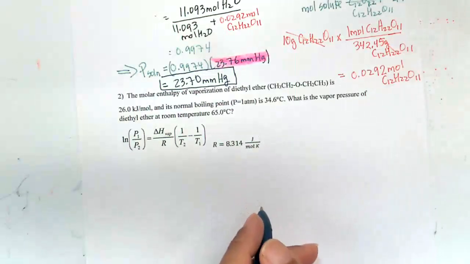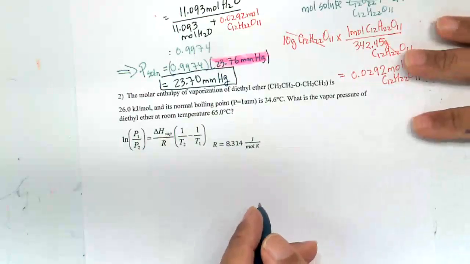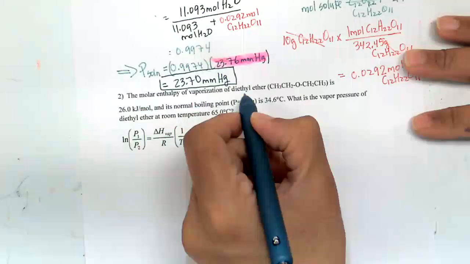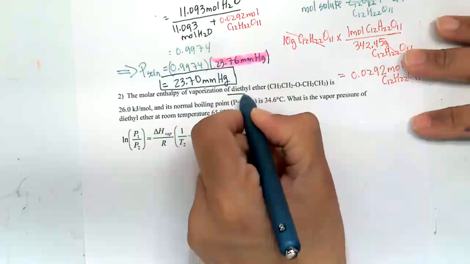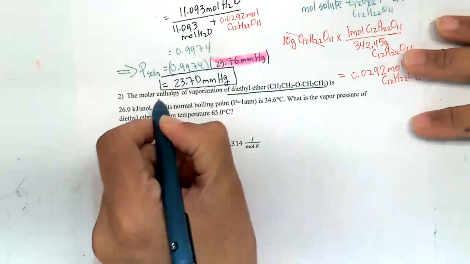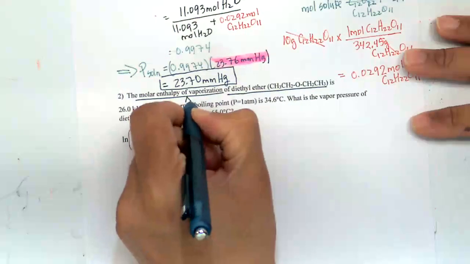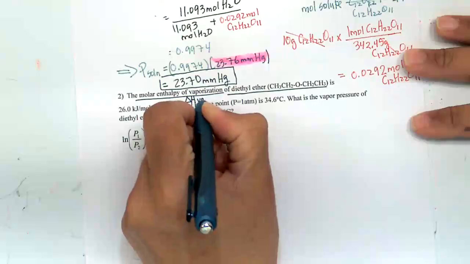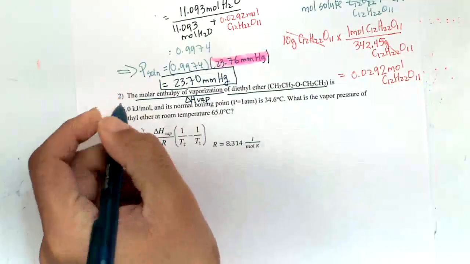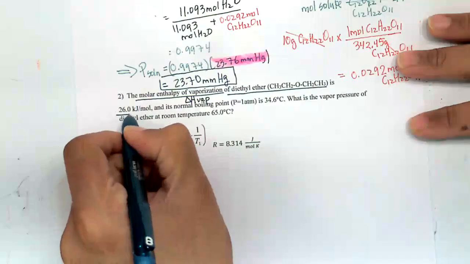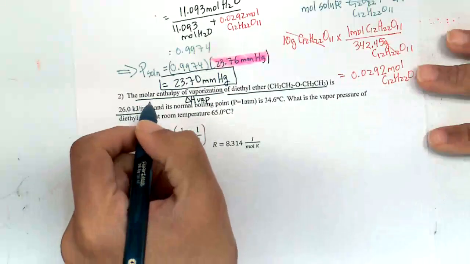All right, so remember, vapor pressure is a pressure exerted by a vapor, and it's temperature dependent. So for this one here, diethyl ether, it has a molar enthalpy of vaporization. We call that delta H vaporization. Is 26.0 kilojoules per mole.